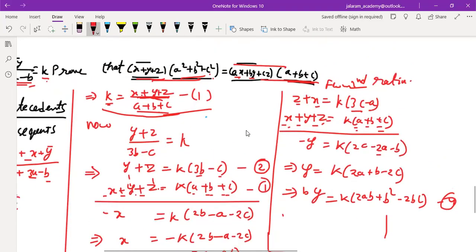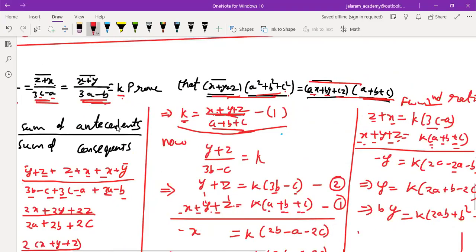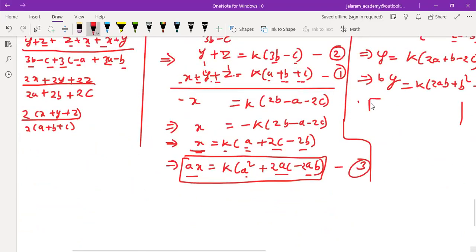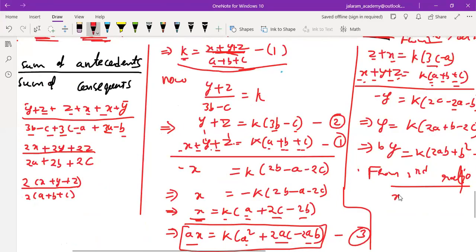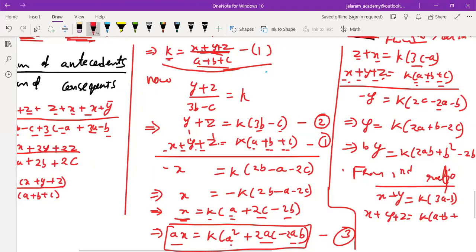Again, in the third part, we take x plus y equals k into 3a minus b from the third ratio, and subtract the first, x plus y plus z equals k into a plus b plus c.